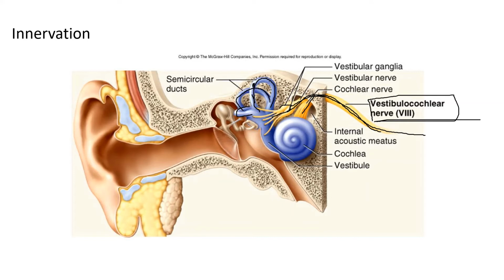Sometimes these crystals can become dislodged, and when they become dislodged, we get something called benign paroxysmal positional vertigo, okay? And part of your assignment for this lab, the ear lab, is to read an article on BPPV, that's the acronym for it.